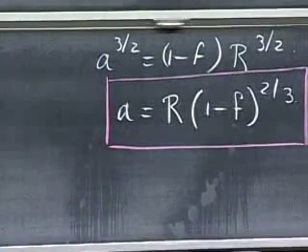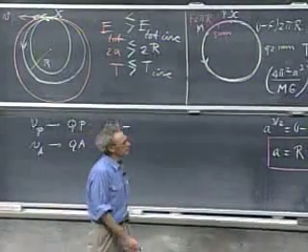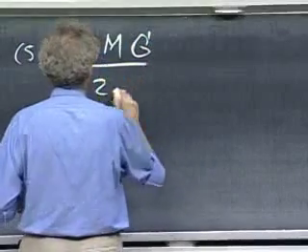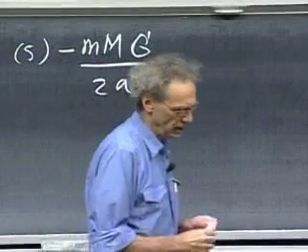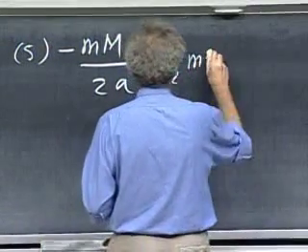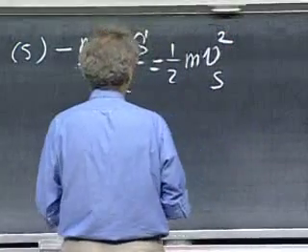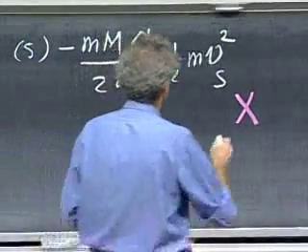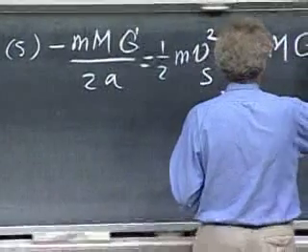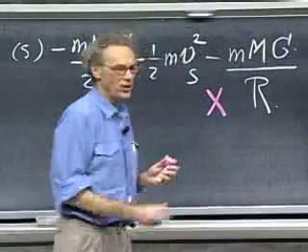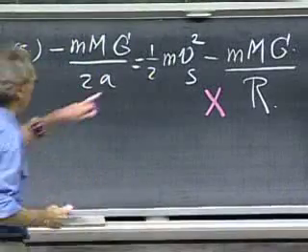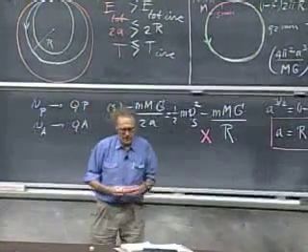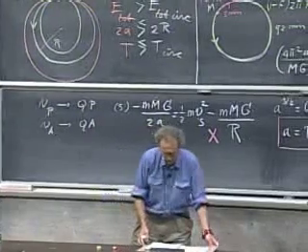Because equation number 5 will tell you that minus mMG divided by 2a, a being now the semi-major axis of the sandwich orbit, equals 1/2 m times the velocity of the sandwich squared, minus mMG divided by capital R. This happens at location x after the burn, after Peter has thrown, because the sandwich is still at location capital R, but Peter has changed the speed to Vs. And so once you know a, this equation immediately gives you Vs. And once you know Vs, then you know with what speed Peter should throw.